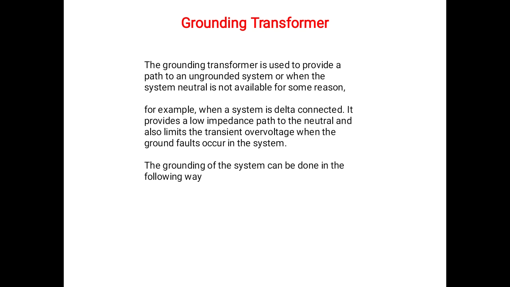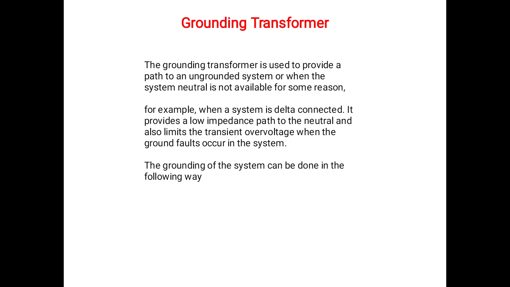For example, when a system is delta connected, it provides a low impedance path to the neutral and also limits the transient overvoltage when a ground fault occurs in the system. It means in a delta connection there is no neutral, so this type of transformer provides ground to the system to protect from ground fault.